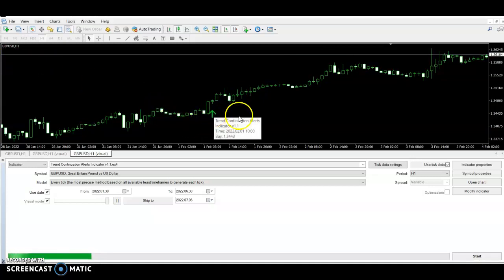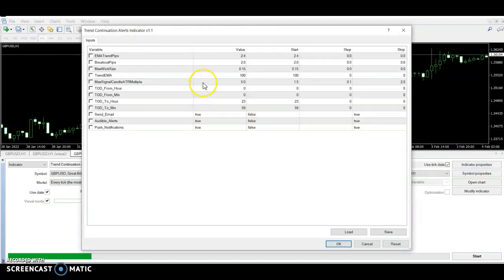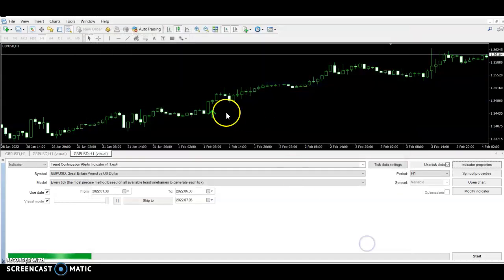The difference here was that we changed the maximum signal candle ATR multiple. This allows the signal candle to be up to 5 times the average true range of these previous candles. It's not dependent on time frame because it's comparing it to the previous candles of the same time frame. I tend to leave it on 5.